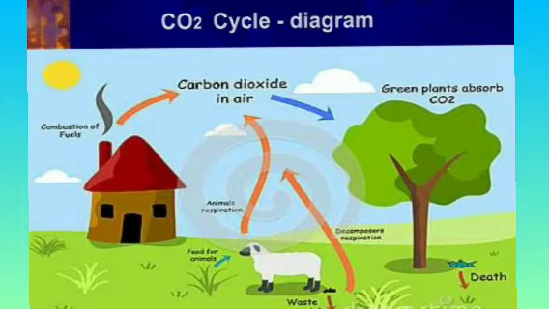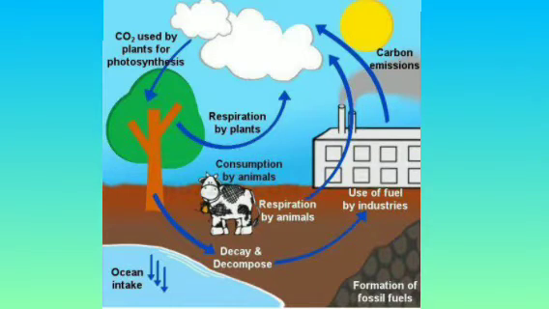If we cut the trees, the oxygen balance will be disturbed. If we use fuels in an unlimited manner without any check, it will again cause severe problems and imbalance, which will ultimately affect the weather and climate of a place and the nature of the lower and upper atmosphere.